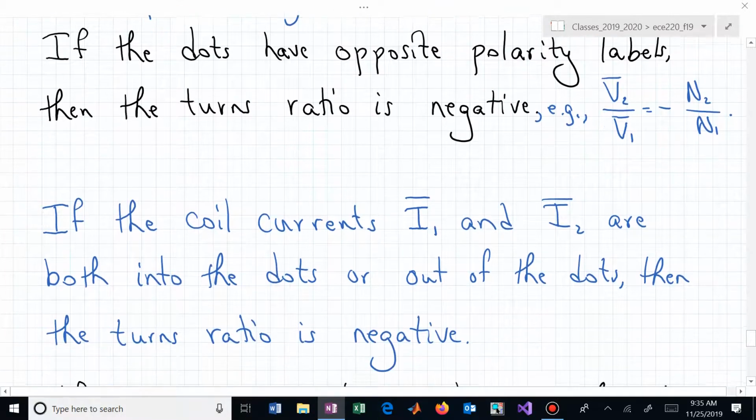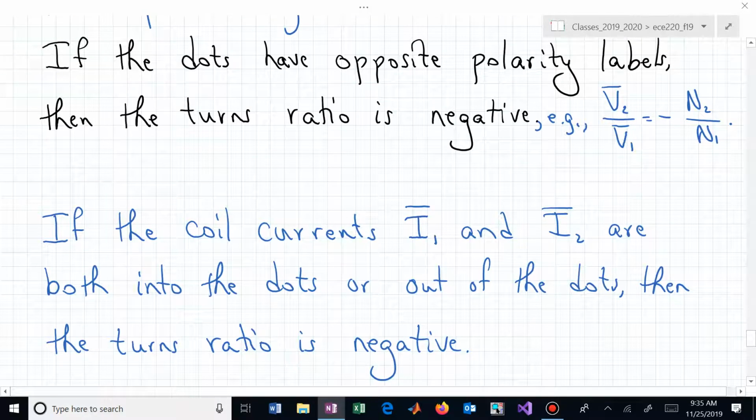Currents are just the opposite. If the coil currents, I1 and I2, are both into the dots or both out of the dots, then that turns ratio is negative.